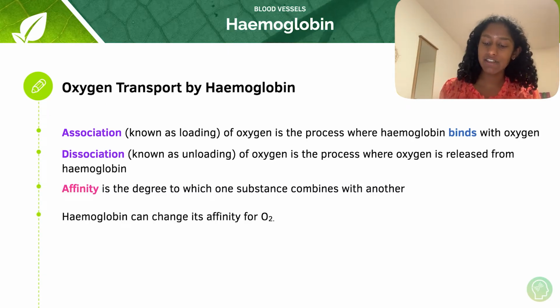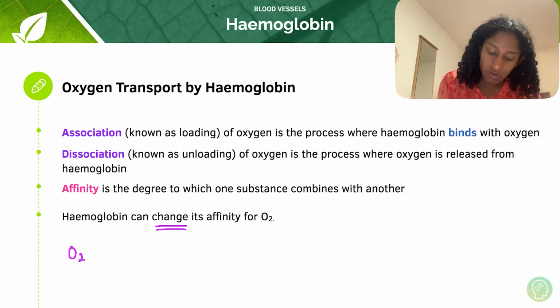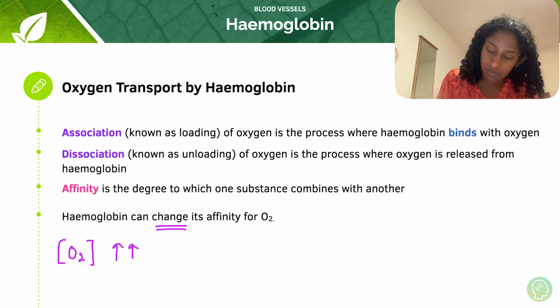Now, affinity is the degree to which one substance combines with another. So we say that haemoglobin has either a high or a low affinity for oxygen, and haemoglobin can change its affinity for oxygen. When oxygen concentration, these square brackets around the oxygen symbol refer to concentration, is high, haemoglobin has a high affinity for oxygen.